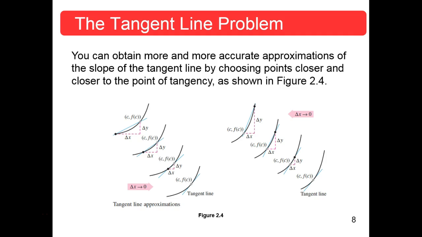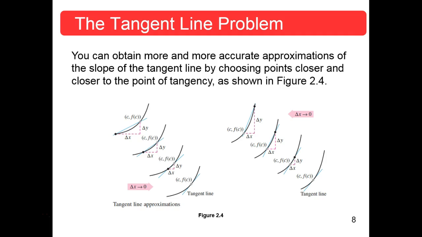So, what do we do then? To obtain more and more accurate approximations of the slope of that tangent line, let's let the second point get closer and closer to the point of tangency. Here's the point that we're really interested in.